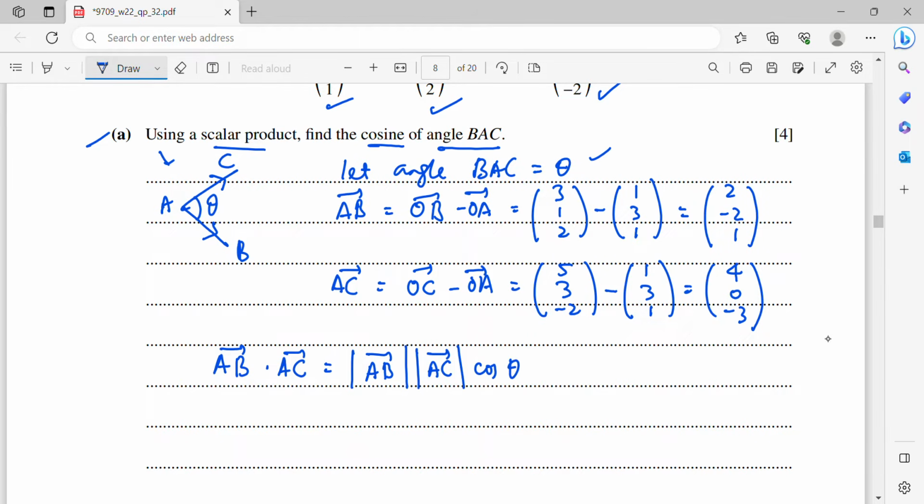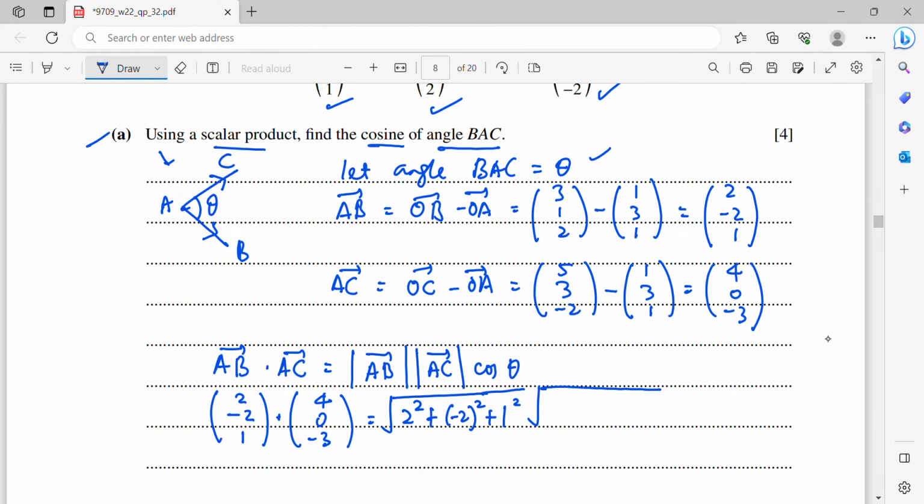Now AB dot AC: 2, minus 2, 1 dot 4, 0, minus 3 equals the modulus of square root of 2 squared plus negative 2 squared plus 1 squared, and the other modulus is square root of 4 squared plus 0 squared plus negative 3 squared, then cos theta.